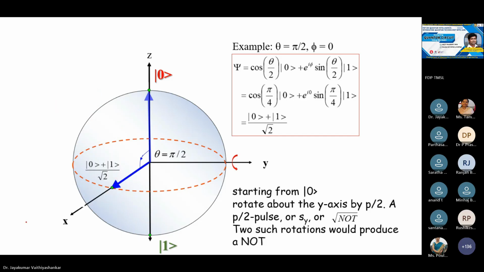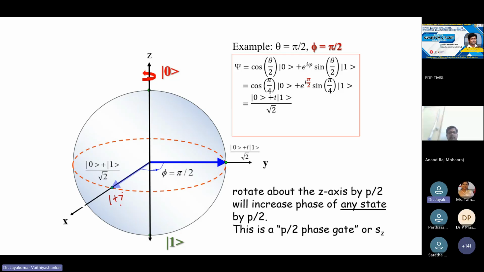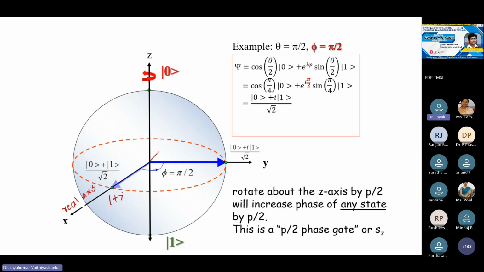The next gate is, if you apply delta equal to pi, it will go to the x-axis, which is nothing but the positive state, because the x-axis is the real axis. The opposite side will have the negative x-axis. In short form, you represent the negative state.